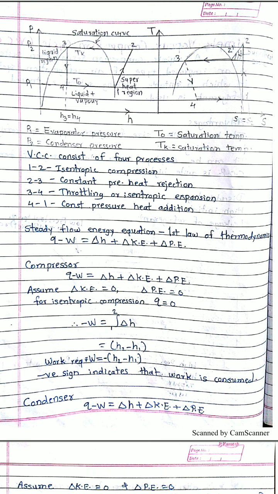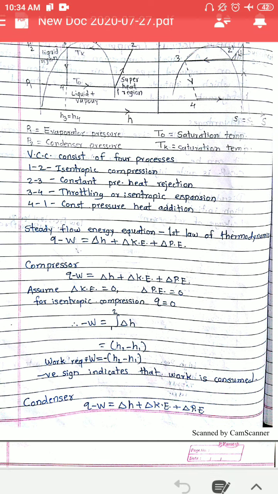So we integrate within the limits 1 to 2. Therefore minus W is equal to the integration from 1 to 2 of the change in enthalpy. Now we can back substitute the values of enthalpy: H2 minus H1. Therefore the work required W is equal to minus (H2 minus H1).